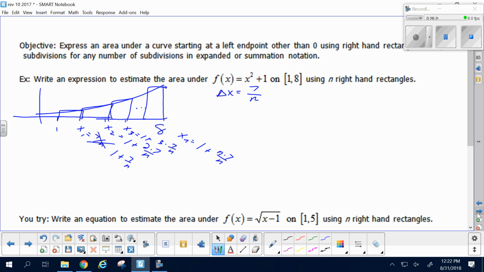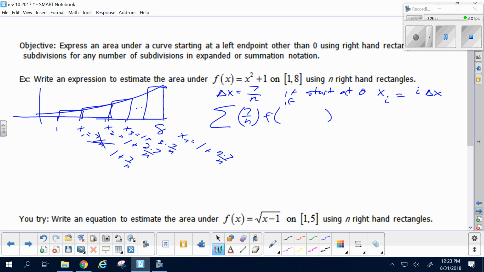Okay. So if I were to write an expression, we would have the summation of, what's the delta x, or the base of each rectangle? 7 over n. The height is f at a little more to it than that. If we start at 0, then x sub i is just how many delta x's you went over.